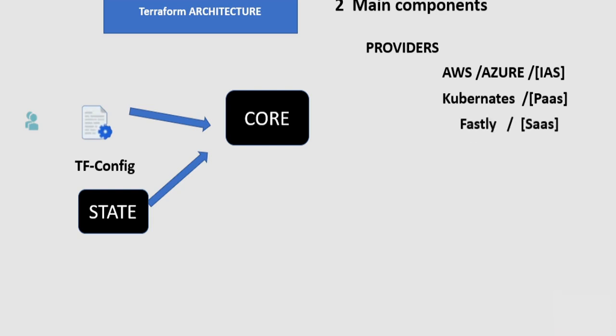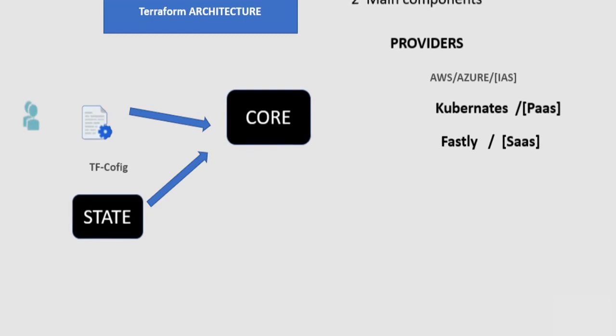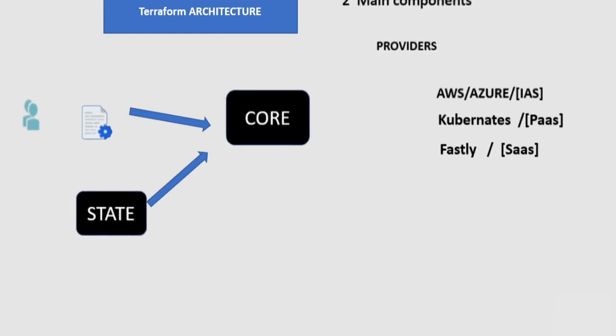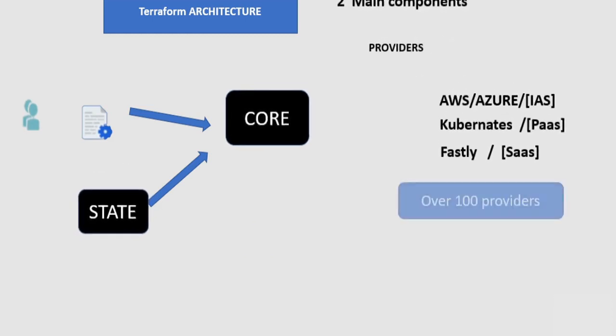So it gives you the possibility to create stuff on different levels, like create AWS infrastructure, then deploy or create Kubernetes on top of it, and then create services inside that Kubernetes cluster. So it gives you all those possibilities, and it does that through providers.